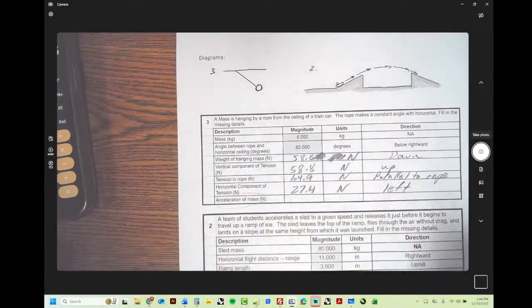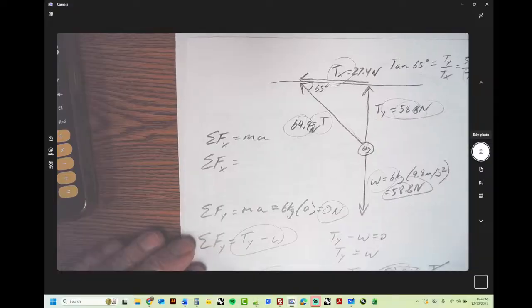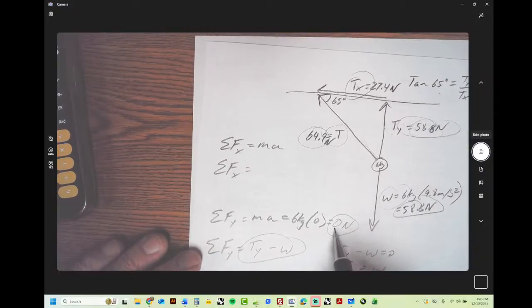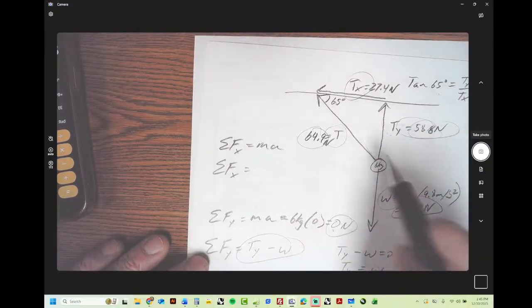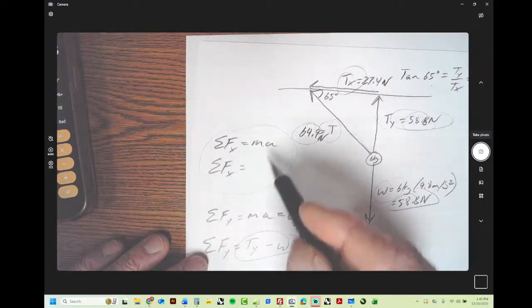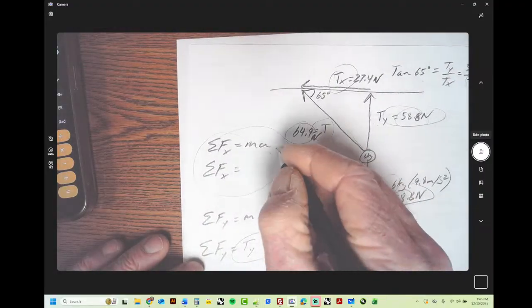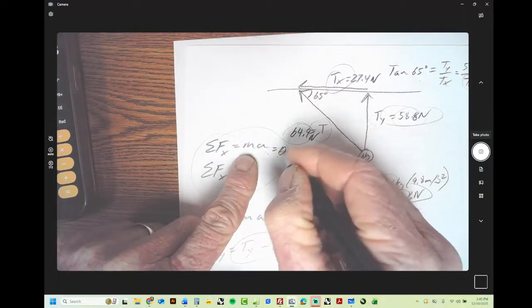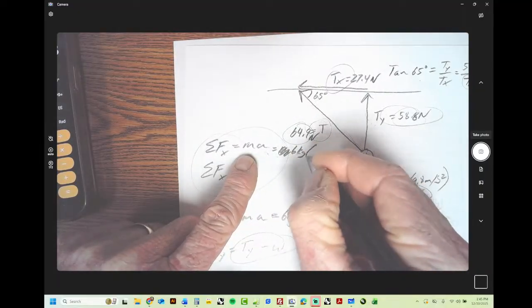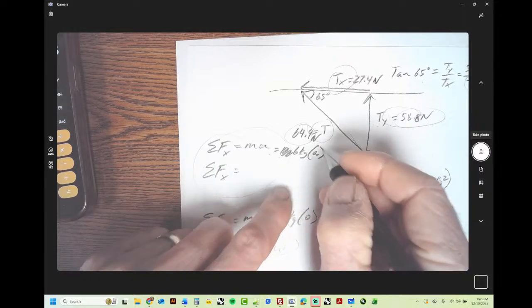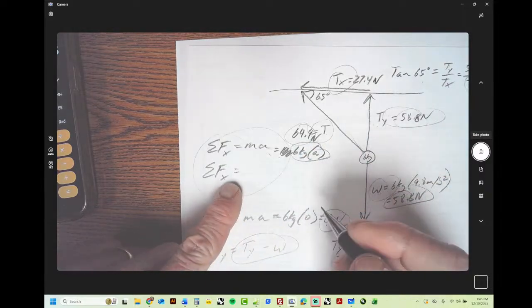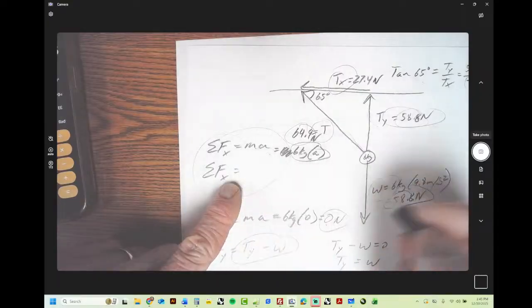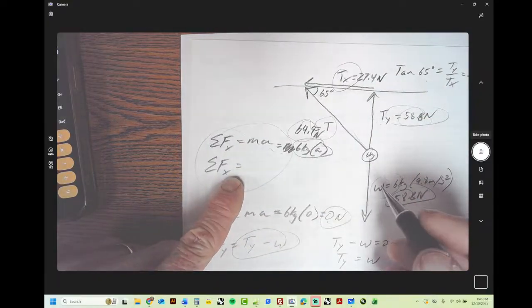And finally, the acceleration. In the y dimension, there is no acceleration, so any acceleration is going to be in the x dimension. So I'll just complete what I was doing here. In the x dimension, the mass is 6 kilograms. Multiply that by a. That gives us the net force. And in the x dimension, if we add up all the forces, that gives us the net force as well.